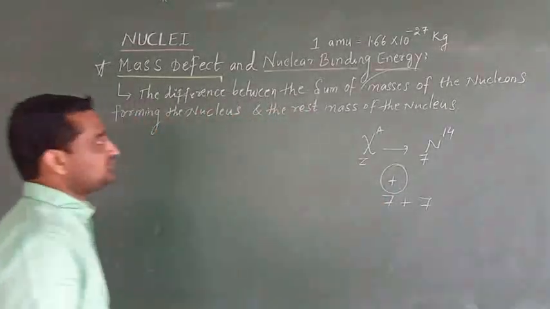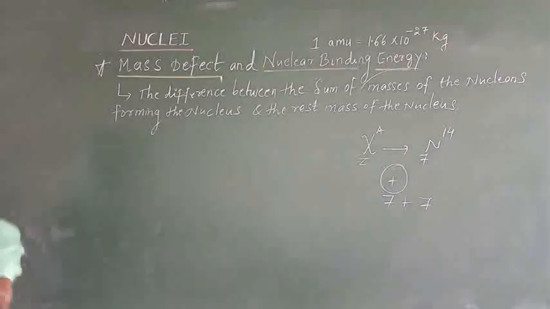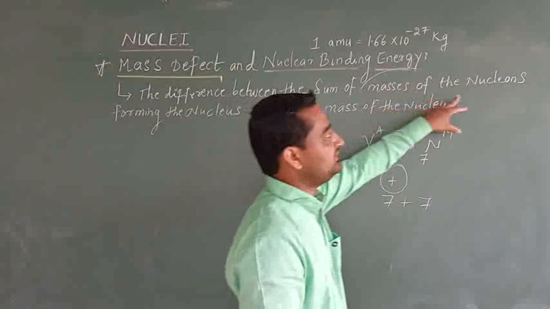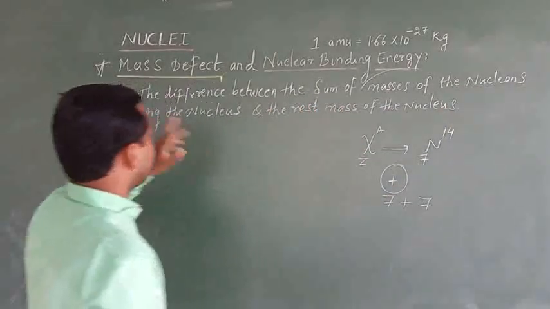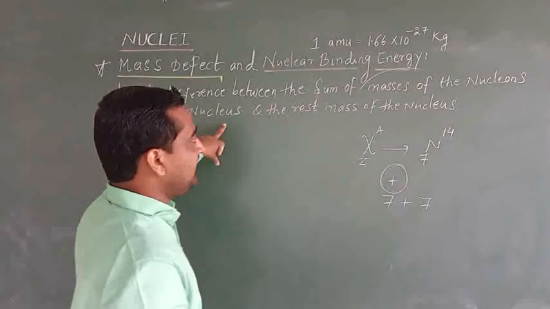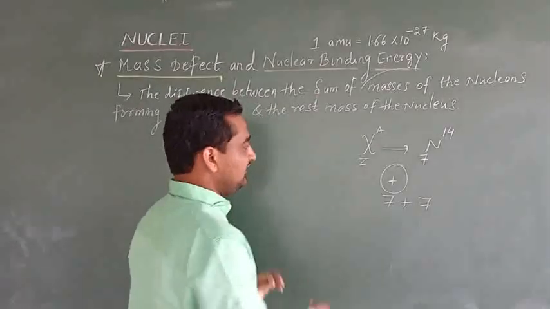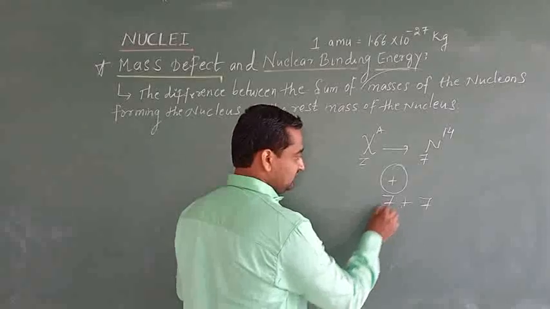So what we are going to say in case of mass defect here: the difference between the sum of masses of the nucleons forming the nucleus and the rest mass of the nucleus. Right, so that is what we are going to define here.